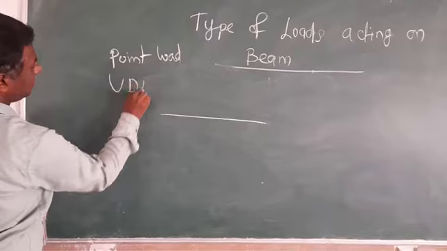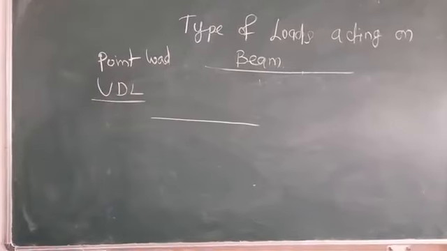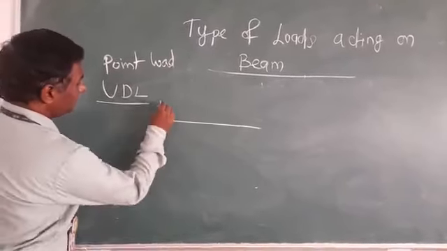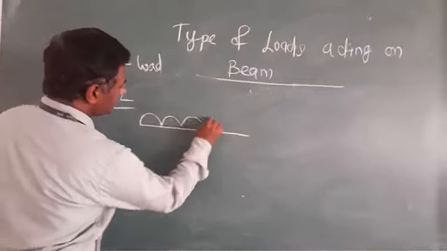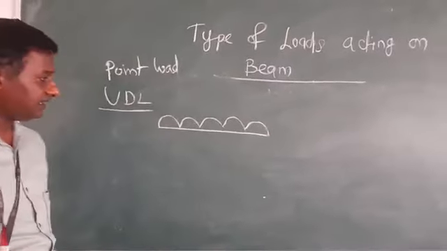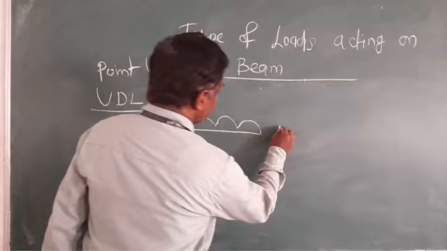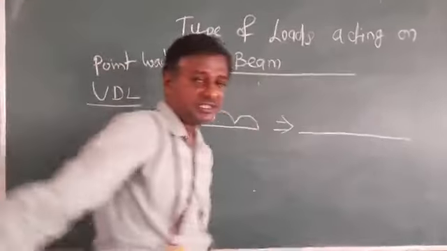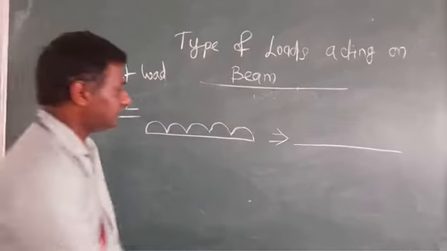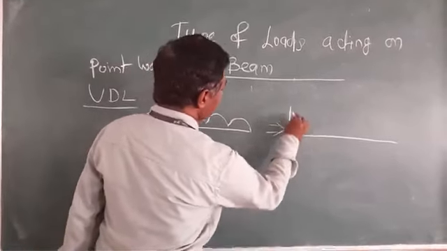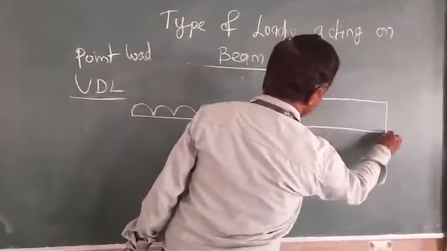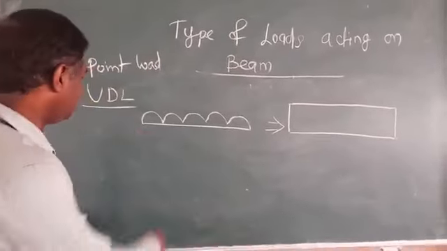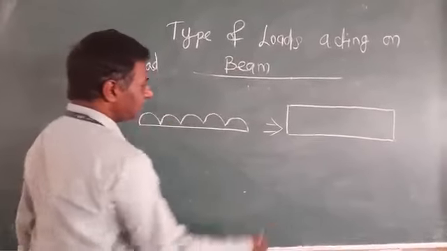Now let's discuss how to find the total load. First, the uniformly distributed load is taken like this. What is the geometry of the uniformly distributed load? The geometry is rectangular in shape, and this is the downward load.